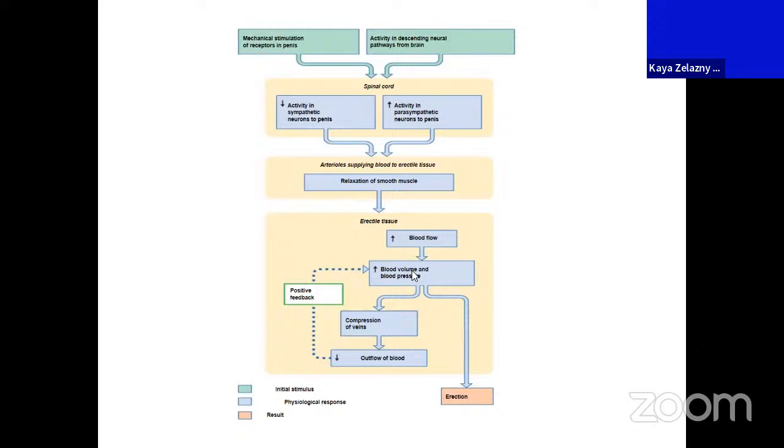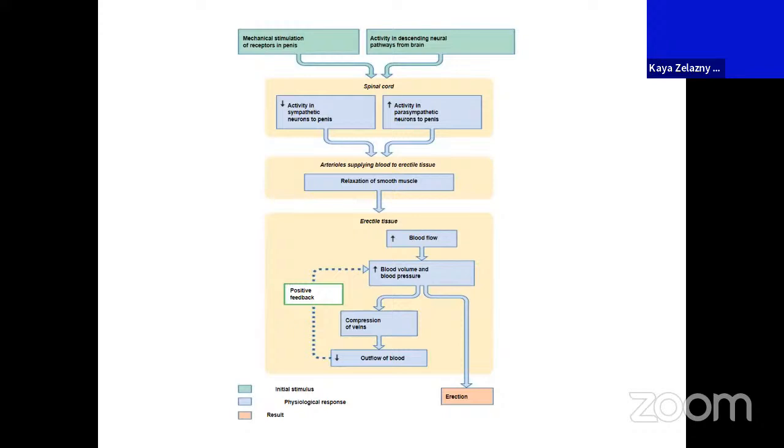And an interesting thing happens at this point, because as those erectile tissues swell and get more filled with blood, filled with pressure, the veins are also there in that same structure. Those veins are in the penis as well. And so as the erectile tissues expand, they basically block off the veins.